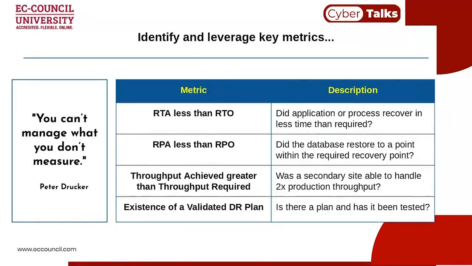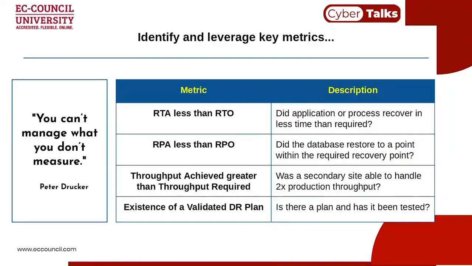So let's talk quickly about our favorite terms, RTO and RPO. Recovery time objective, as you recall from before, is the amount of time after an event we have in order to recover our systems and our business function. RPO was recovery point objective, which was the amount of data, or the time of data, we could lose prior to the event happening.